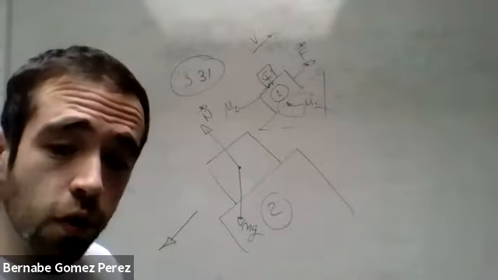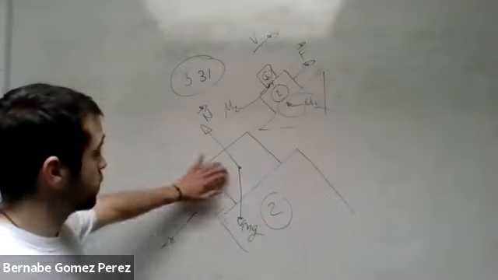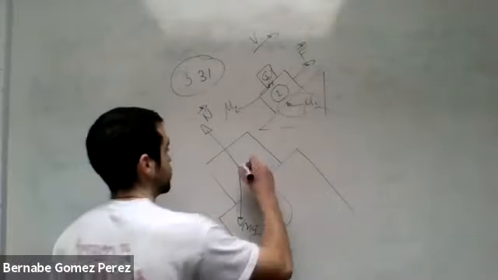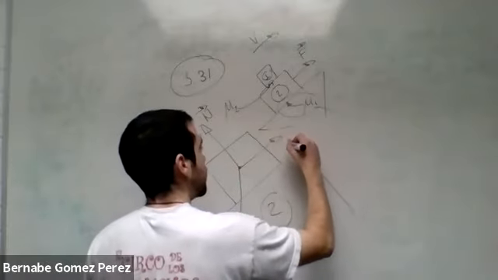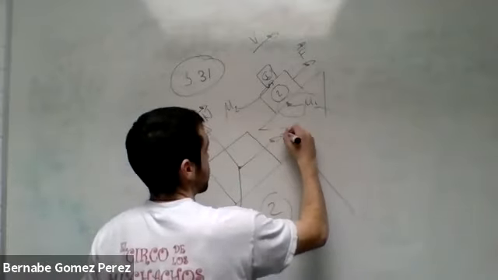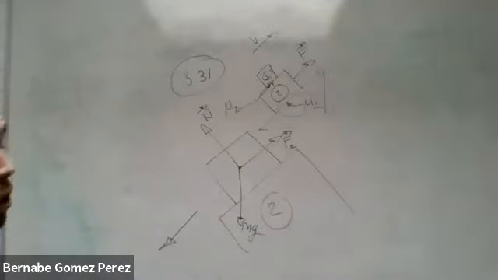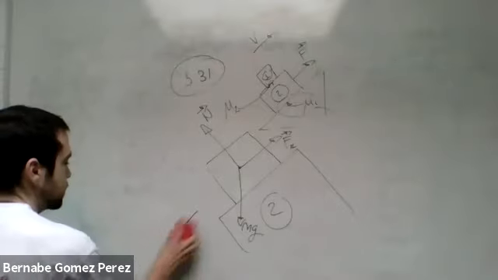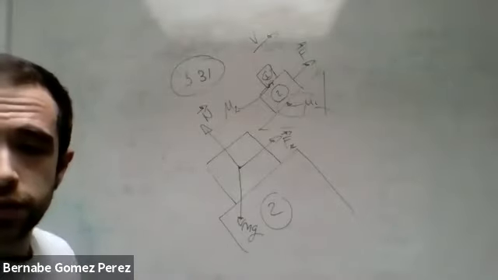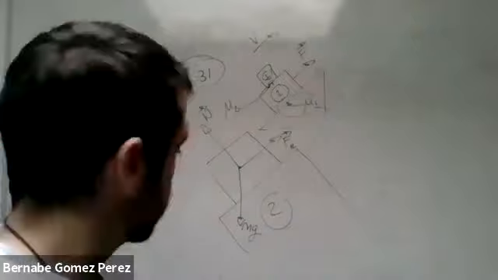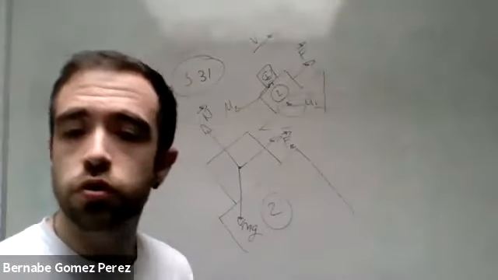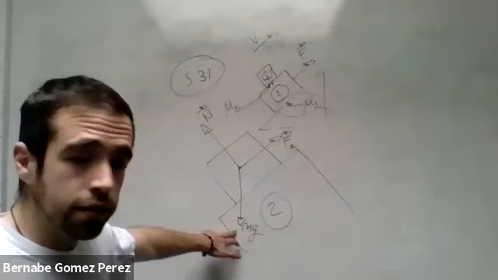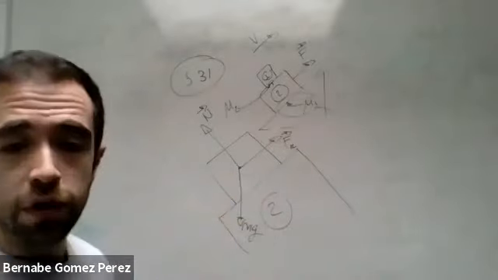Friction is always opposed to the movement. So if this box is trying to move downwards because of the weight, we have the friction force pulling upwards.